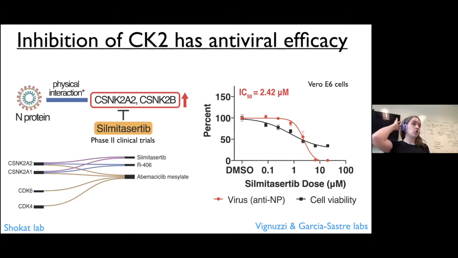We performed some in vitro assays looking at cytotoxicity and antiviral efficacy. Here we can see that this drug has 2.4 micromolar efficacy. So this demonstrates that SARS-CoV-2 infection relies on N protein modulation of CK2 for its survival.